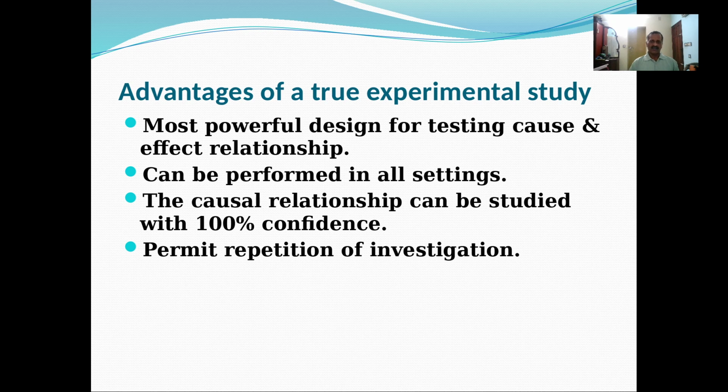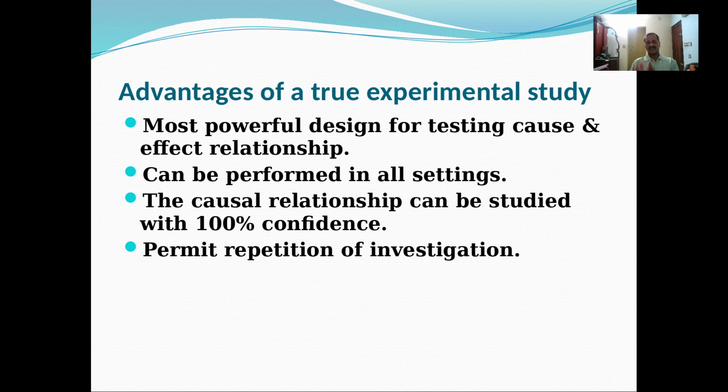The first advantage is that this is the most powerful design for testing cause and effect relationship, because we are testing the cause and effect, isn't it? And this is the most powerful design because the intervention is very well planned and executed.